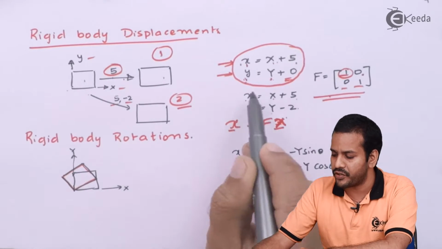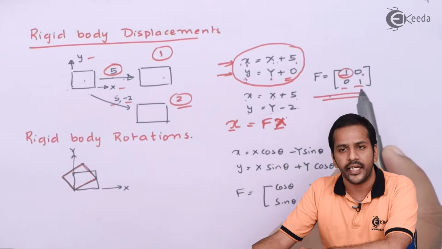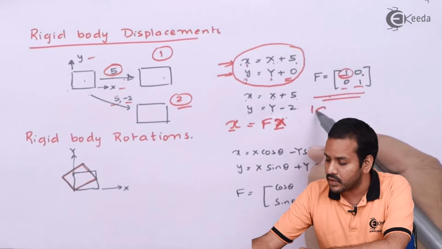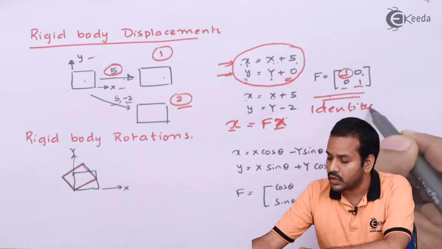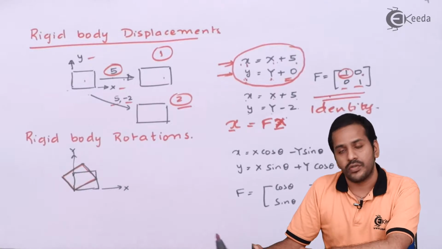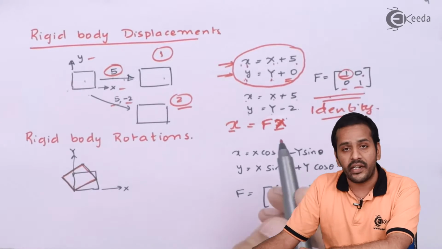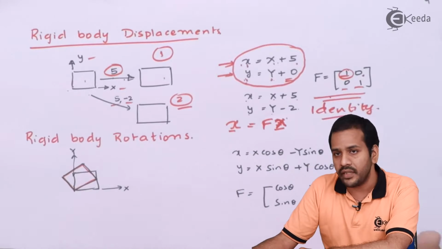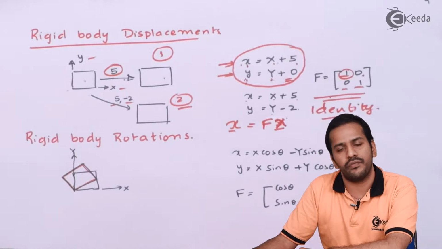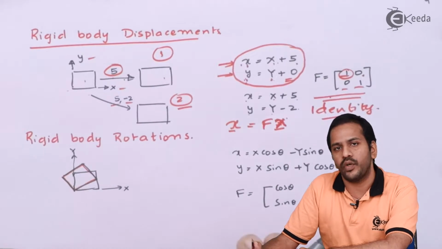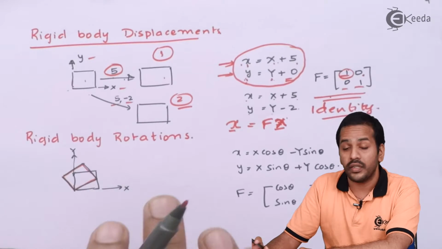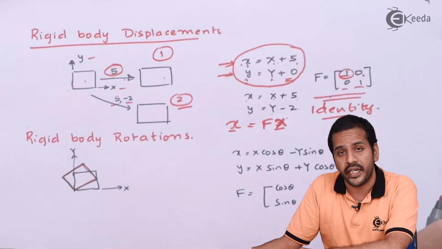And if you write the deformation gradient for this mapping, that will again lead to an identity matrix. So, the identity matrix indicates there is no stretching happening and no rotation happening. So obviously it will be as it is, and it won't hurt us at all. That is, it won't induce any stress.